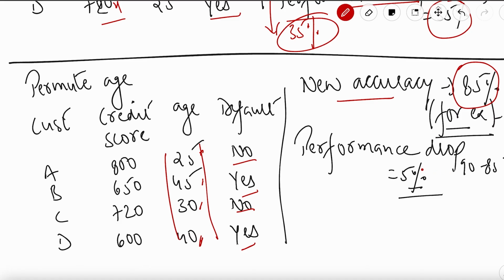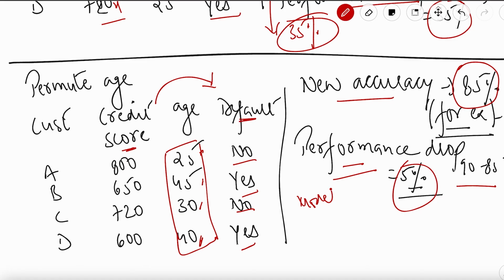There is just a 5% drop in the performance calculated by the model, because as mentioned initially, credit score has a higher impact on the default state. Age does not have much of an impact. This is something that we knew about this model.